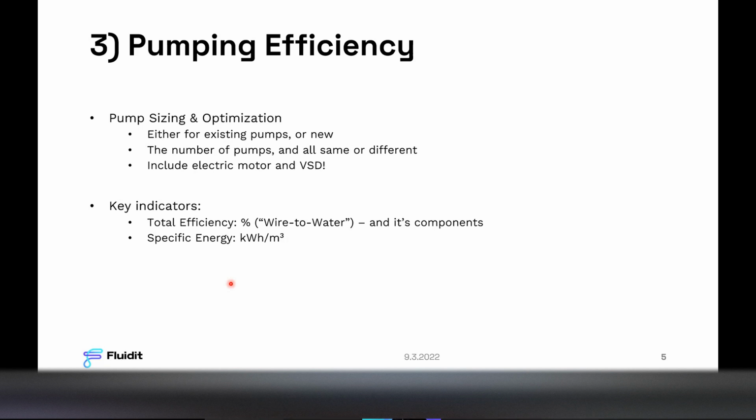So what I mean is that efficiency simply tells how big a proportion of the electric power we get into hydraulic power. It doesn't take into account if we waste that hydraulic power, for example, to the pressure losses that were discussed earlier. So we might pump really fast, we might have a good efficiency, but we might waste all that energy to pressure losses. So in the end, we want to minimize specific energy.